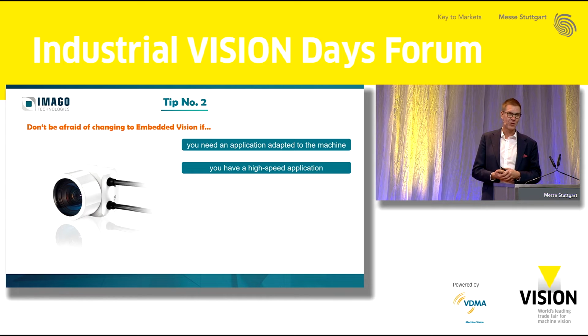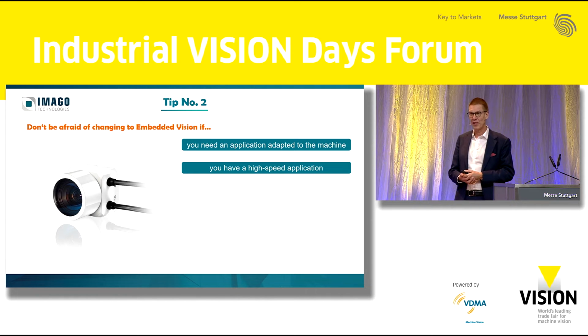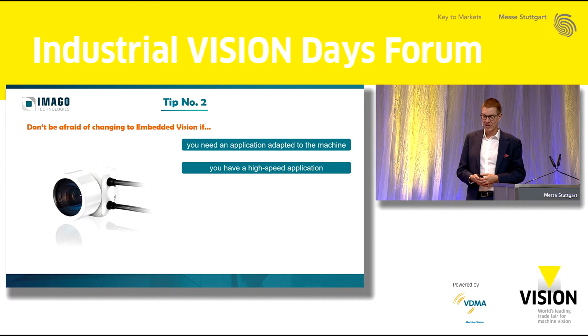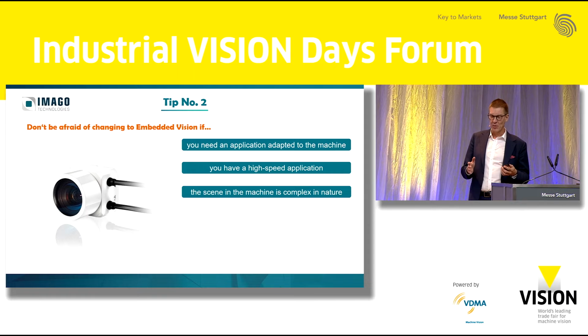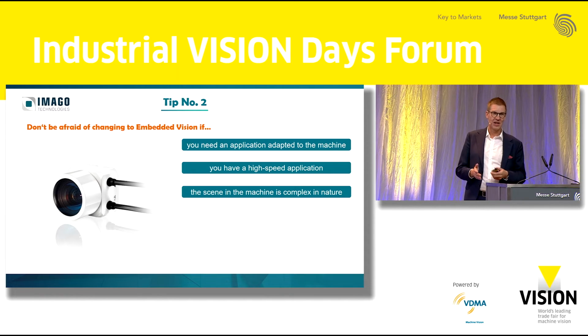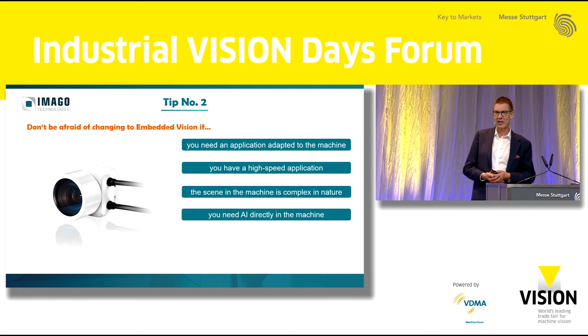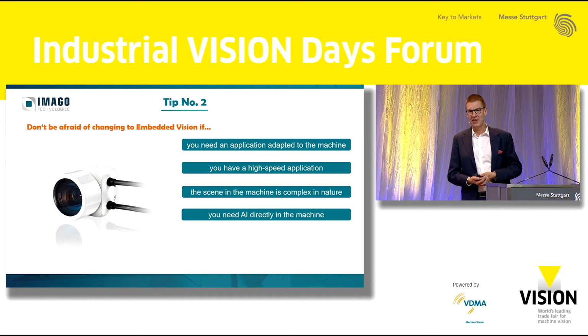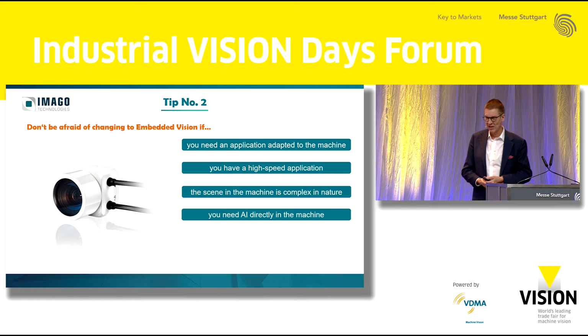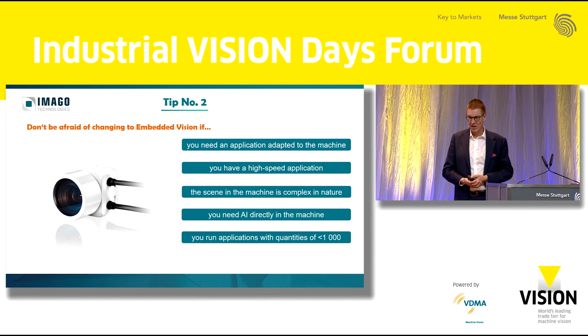For instance, we realized high-speed applications, or a complex scene analyzed by an embedded vision system. We already integrated AI functionality into the smart camera, and we integrated a Prophesee event-based sensor.